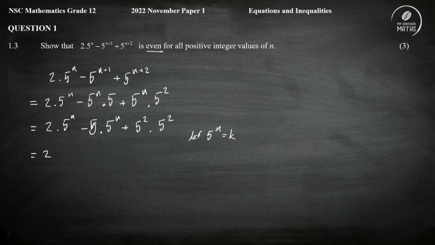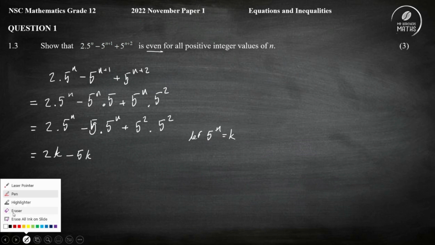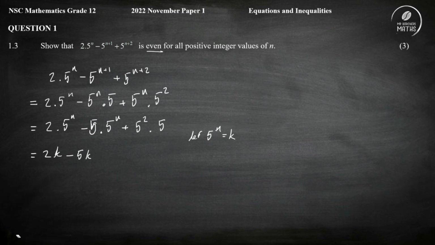So if we said let 5 to the n equal k, that means we could substitute k in for every time that we see 5 to the n. So that would be 2k minus 5k. And let's just square this. See what I've written there. I have mistakenly written a 2 instead of an n.